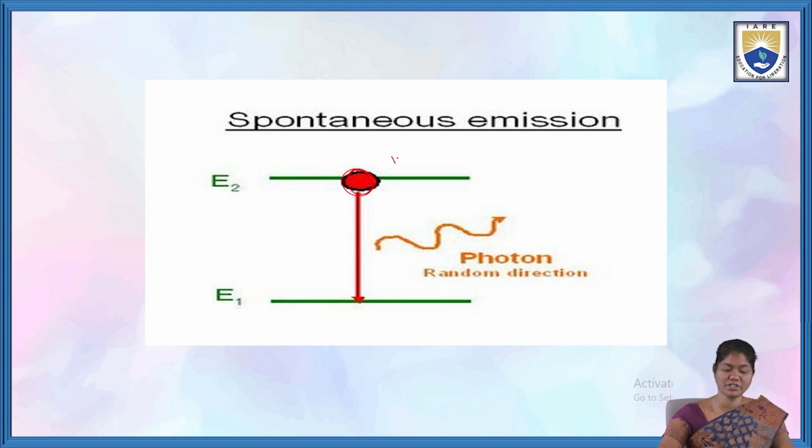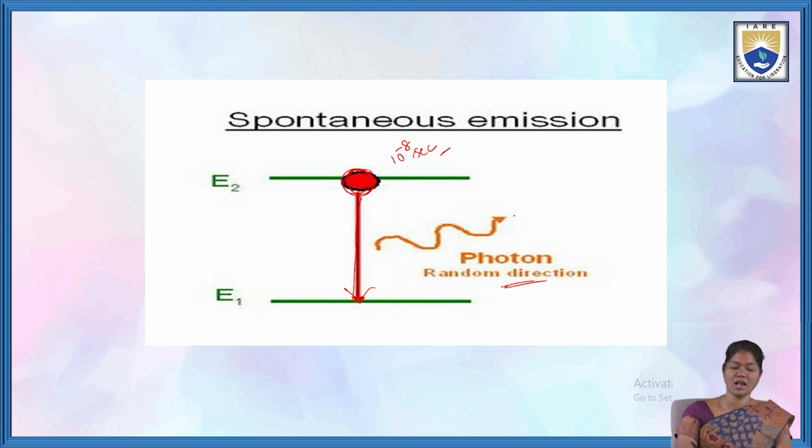After its lifetime in the higher energy state, that is after 10 power minus 8 seconds, the atom itself transits to the lower energy state by emitting a photon.